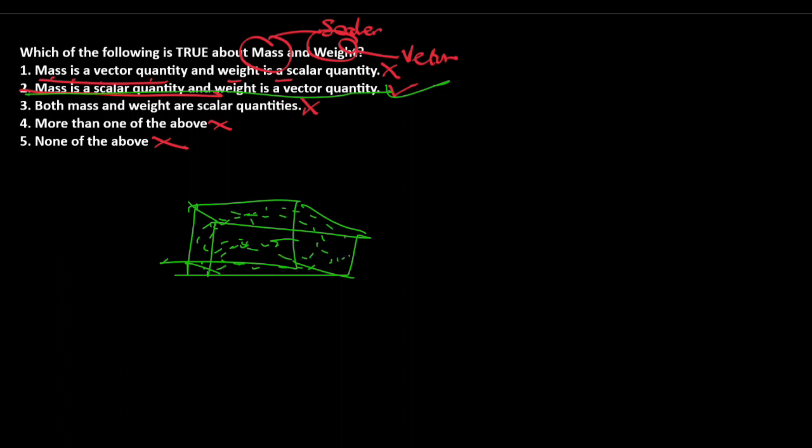The total amount of matter in a body refers to the mass. But when we talk about the weight, it's actually the force of gravity acting on this box. That is g, acting on the box, that results in weight.